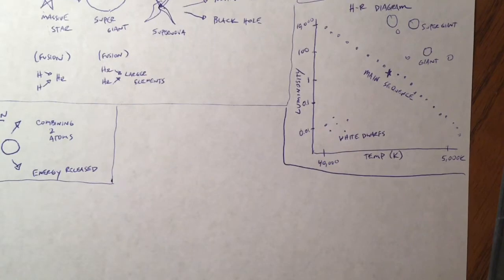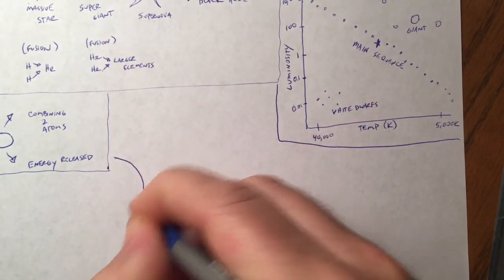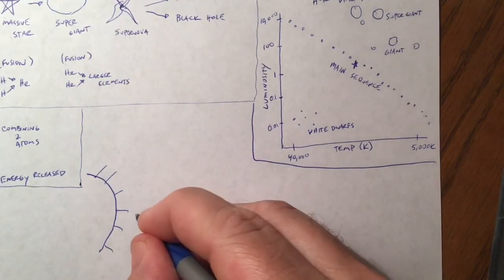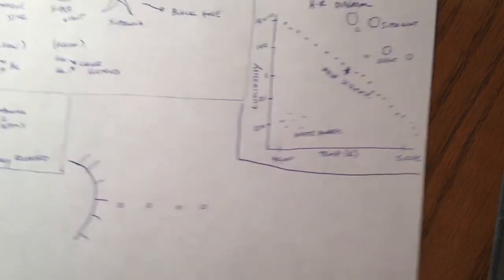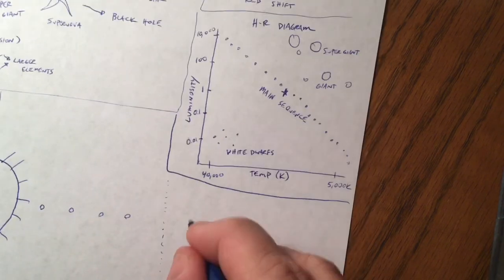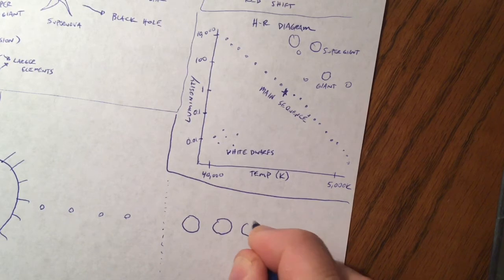We're going to move on to the solar system that we live in. We've got our sun, and then we've got 4 inner planets that are known as the terrestrial planets. We've got the asteroid belt. Then we've got 4 larger planets known as the gas giants.